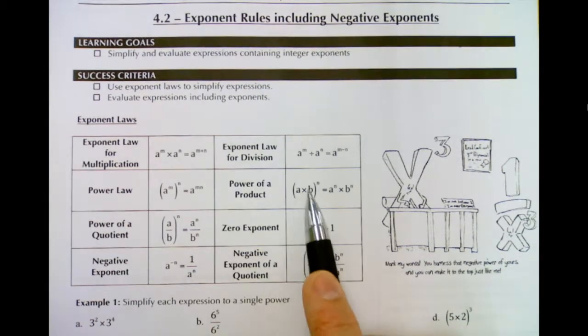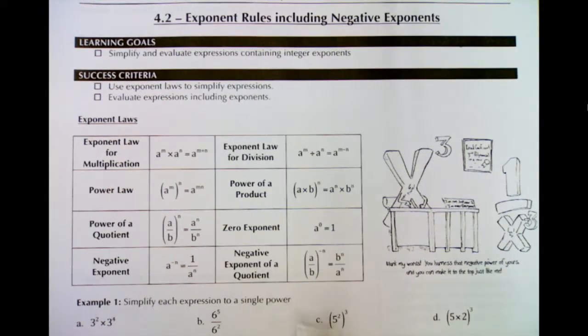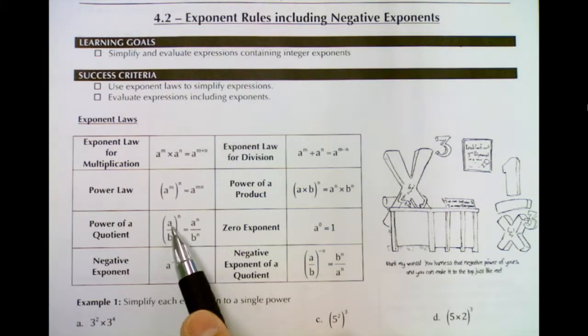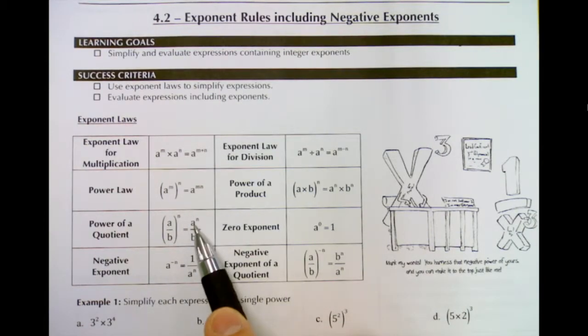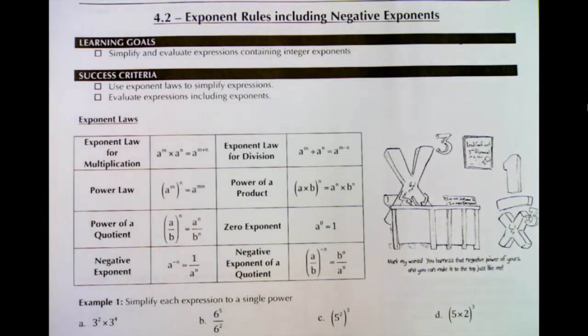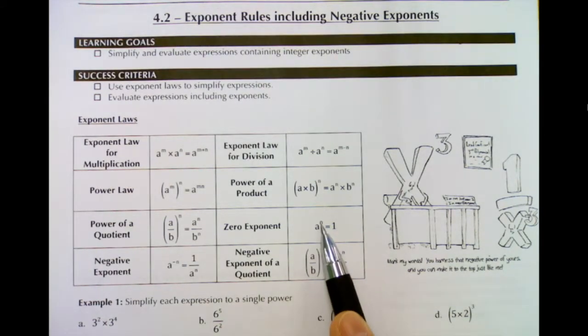Alternatively, if you knew the numbers, you could multiply and then raise them to the exponent, but you'd get the same result. Power of a quotient law is that if you have a quotient, so a divided by b, and you had an exponent on the outside, again, both of the bases would get the exponent, and then you could divide. Zero exponent, if you have a base raised to the exponent 0, the answer will always be 1.